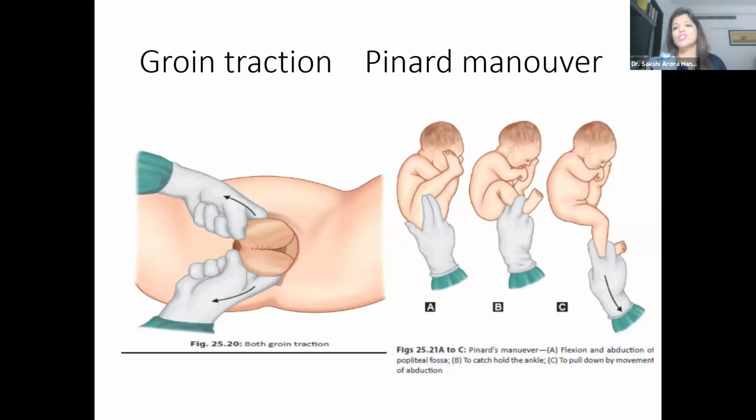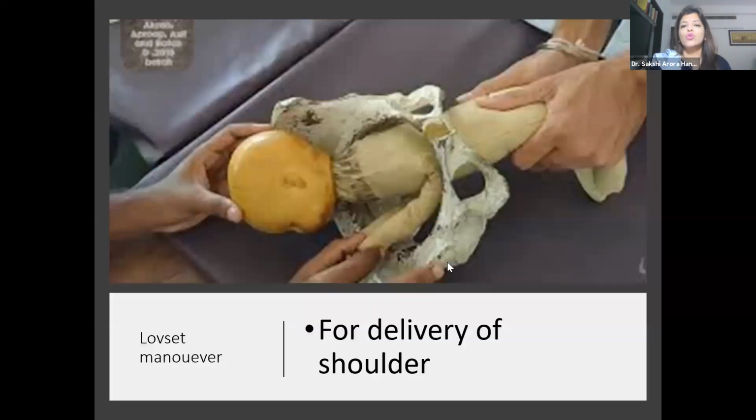This is called Lovset's maneuver. So if you see an image where you are holding the back of the baby and rotating it, it means it's Lovset's maneuver for the delivery of the shoulder.